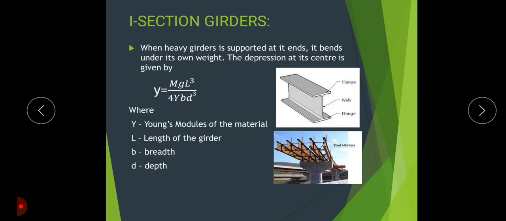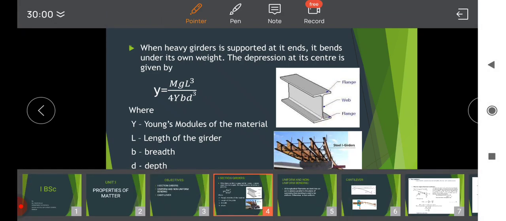The shape of the planks and the web creates an I or H cross section. Most I-beams use structural steel, but some are made from aluminium. The following figure shows the I-section girder.